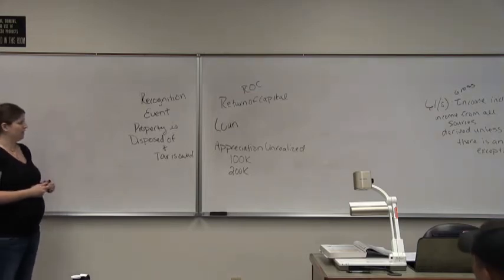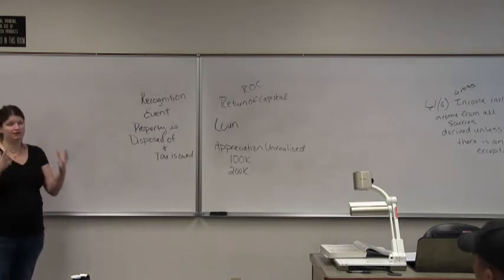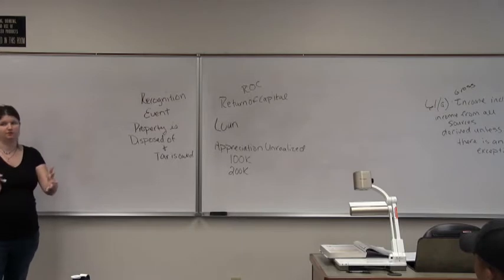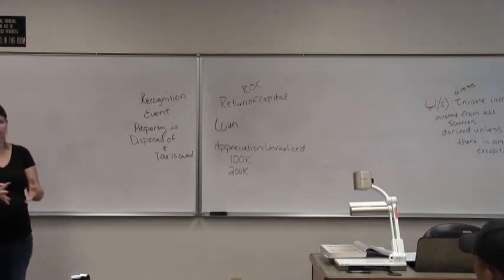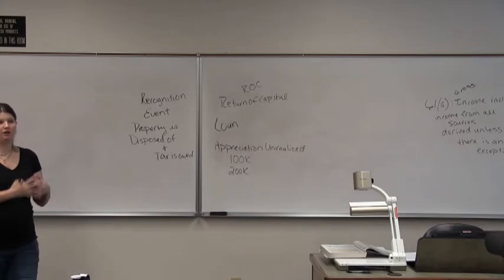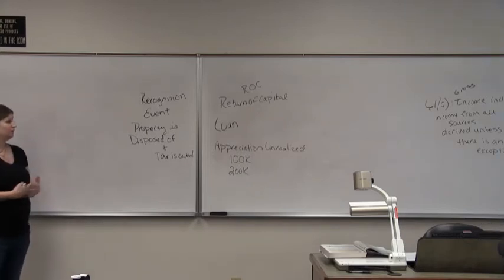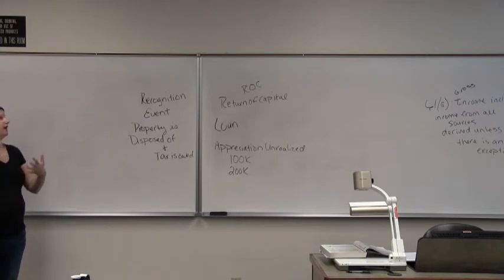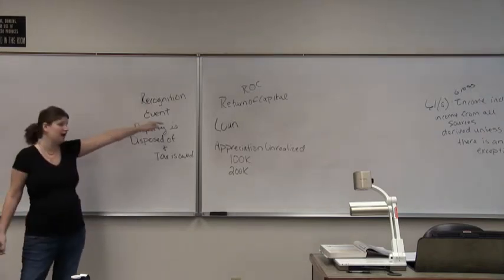So I have a house, it appreciates in value, and then I sell it to a third party. Now I have a recognition event. The house is being disposed of, someone else is taking control over it. That is a recognition event. And the amount of tax owed is going to be basically the difference between what I paid and what I am receiving.